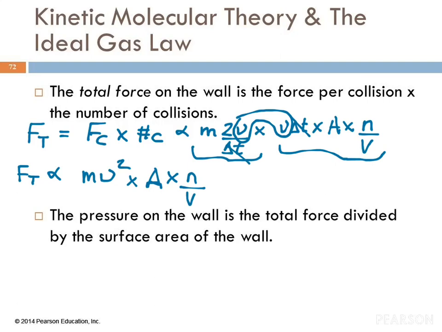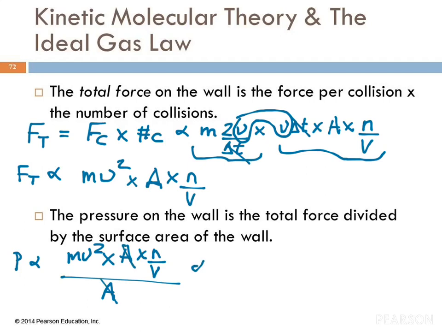So that's the total force. The pressure is the force divided by the area. So the pressure is proportional to mv squared times A times n over V, this whole thing divided by area. Pressure is force divided by area, so this area cancels out.